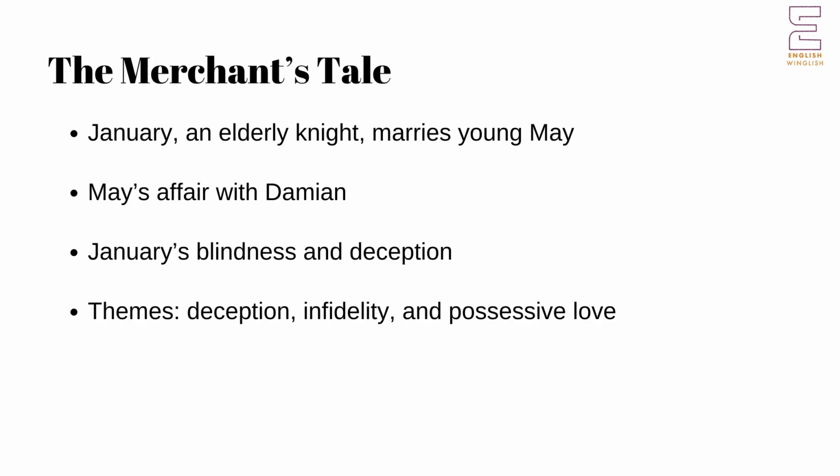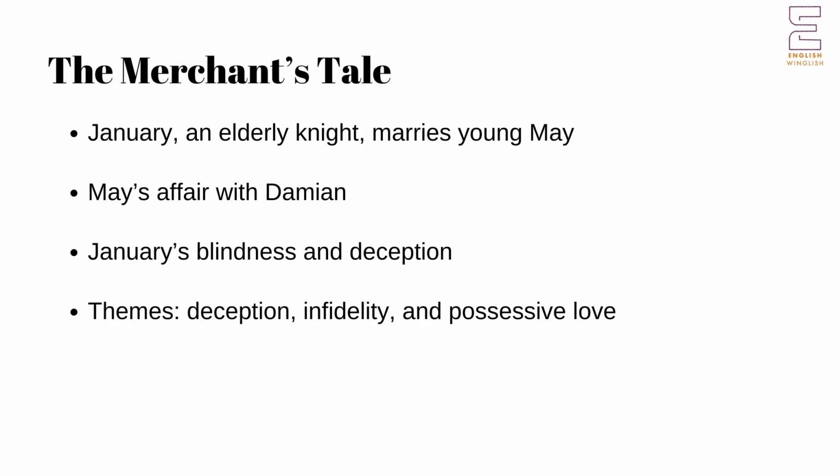The Merchant's Tale. The Merchant's Tale is about January, an elderly knight who marries a young woman named May. Despite their significant age difference, January is possessive and jealous. May falls in love with Damien, January's squire, and they begin an affair.